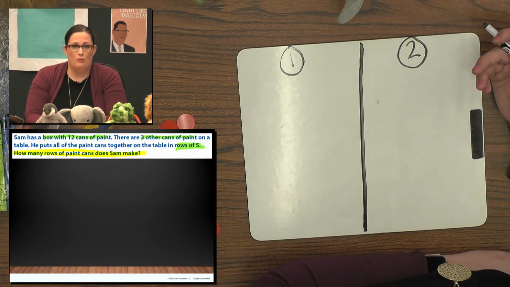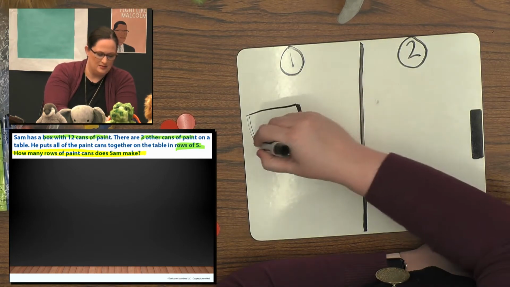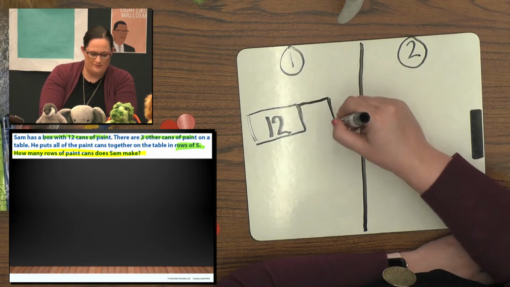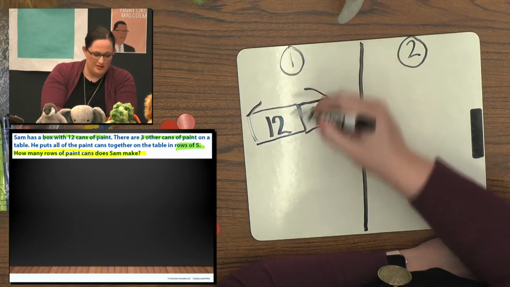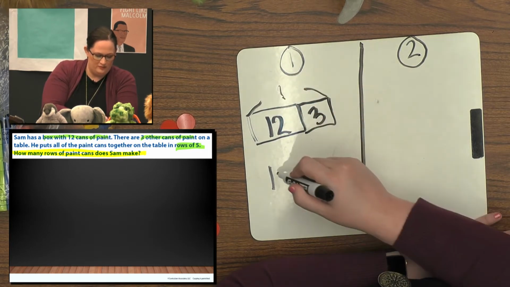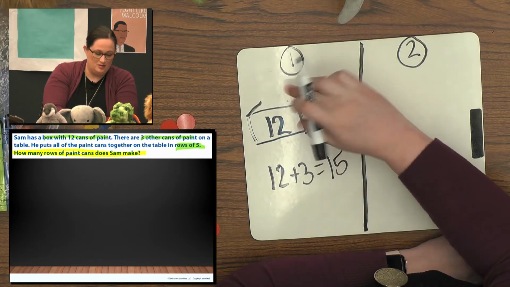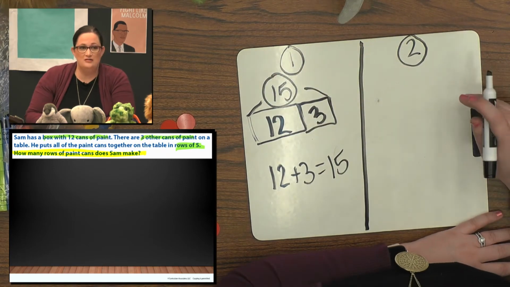So, what happens in this story? Okay, there's a box with 12 cans of paint, and there's a table with 3 cans of paint. And they're put together. So what do we do? Yeah, we do 12 plus 3 equals 15. So we know that there's 15 cans of paint now. So what's our next step?